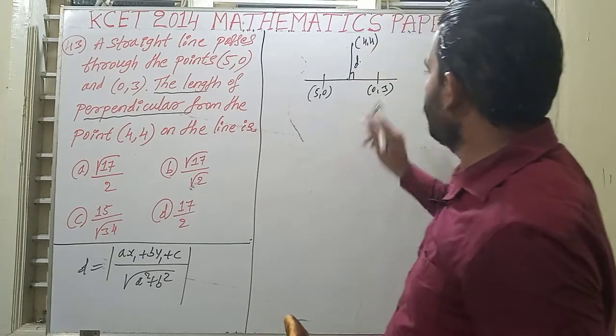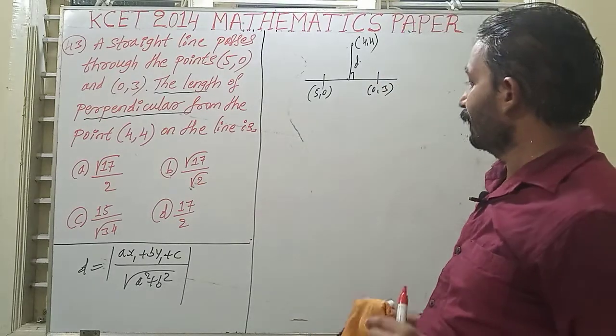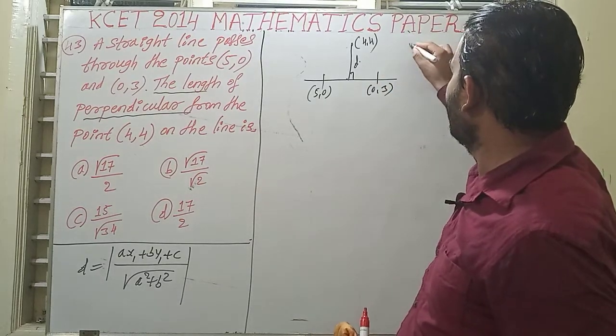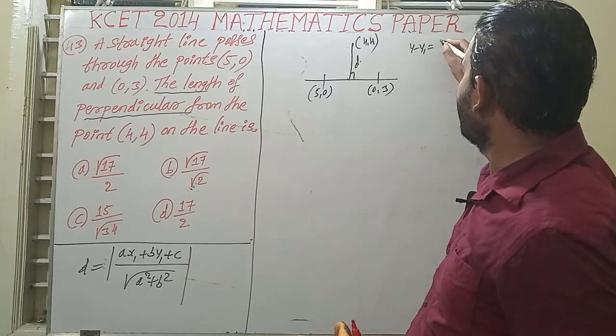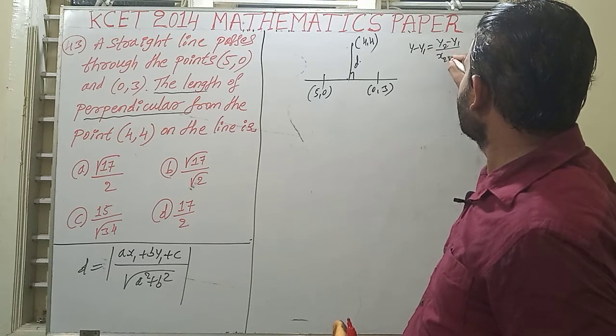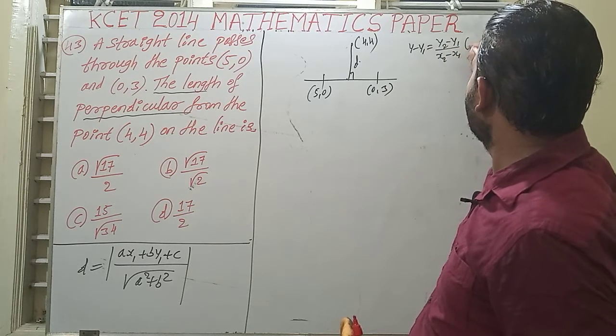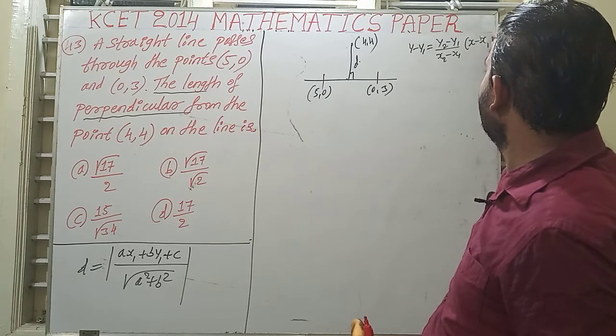First we have to find out the line passing through the 2 points 5, 0 and 0, 3. The formula is y minus y1 is equal to y2 minus y1 divided by x2 minus x1 into x minus x1, the 2-point formula for the line passing through 2 points.